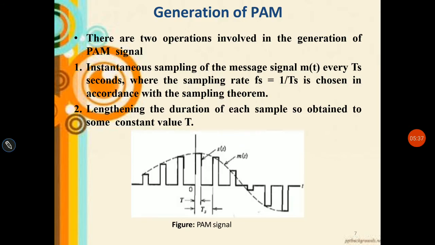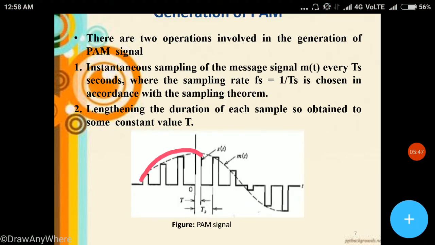Second is lengthening the duration of each sample so obtained to some constant value tau. So here, using a continuous waveform, you take pulses every Ts seconds apart, and these pulses have amplitudes in accordance with the value of the continuous waveform.